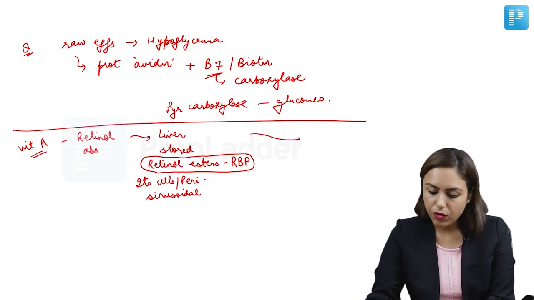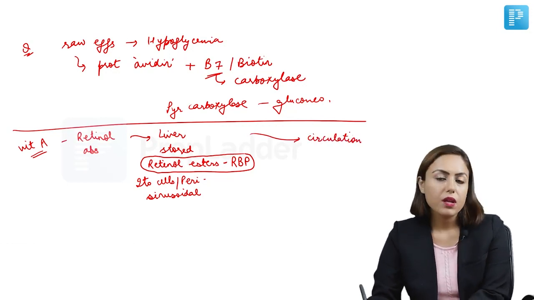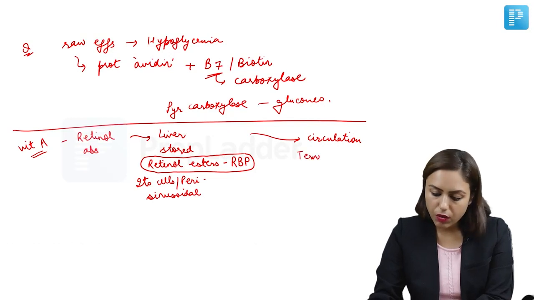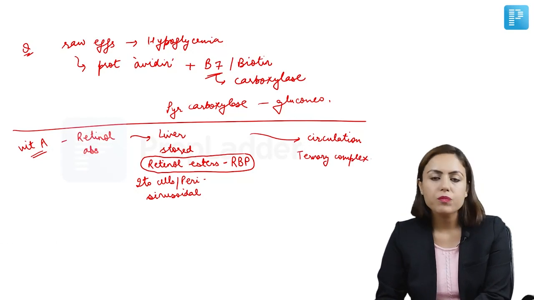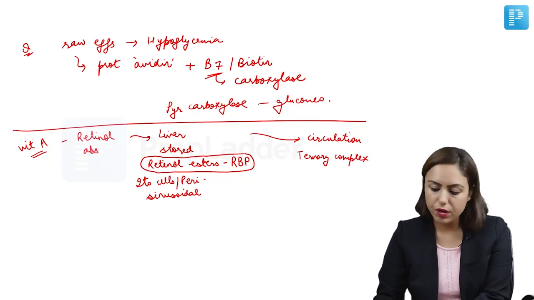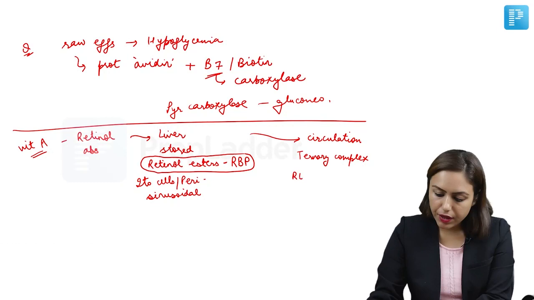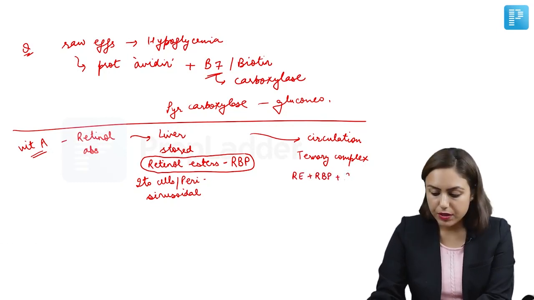Then when from the liver this vitamin A has to go into circulation, a ternary complex is formed. Ternary means 3. So three things are joined here: retinol ester plus retinol binding protein plus transthyretin.